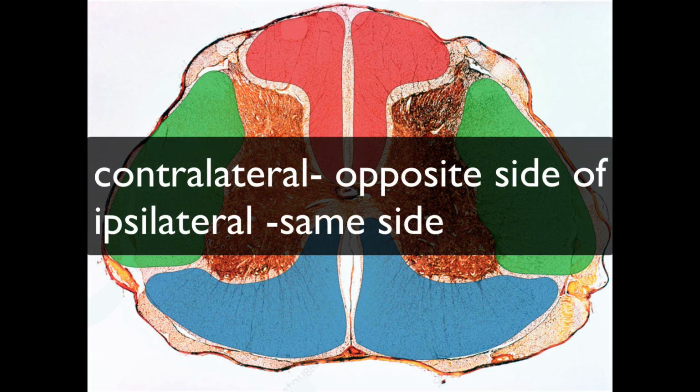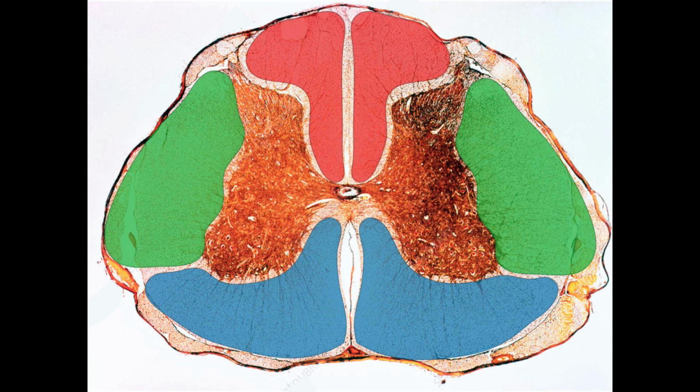For the most part, they do cross over. Whenever a signal's origin is opposite to its destination, that's called contralateral. If the signal remains on the same side, we call that ipsilateral, which means it doesn't decussate or cross over at some point in the spinal cord.